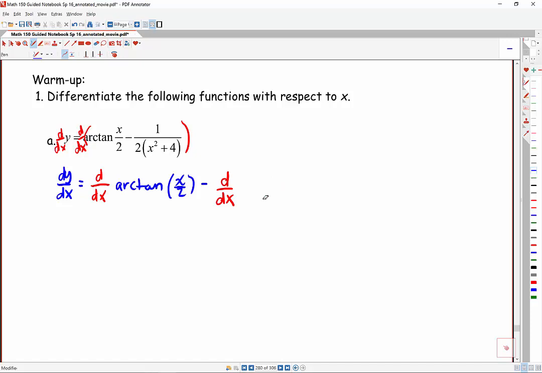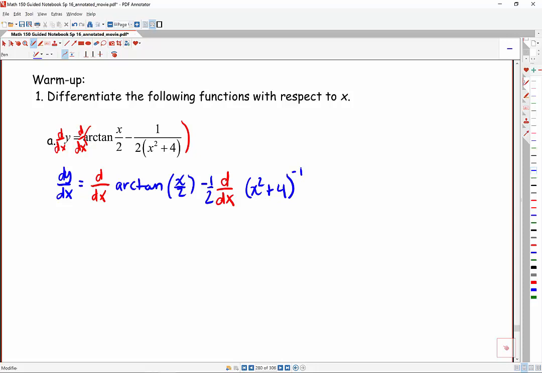We can bring out this constant 1/2 times d/dx of the quantity x squared plus 4 raised to the minus 1.